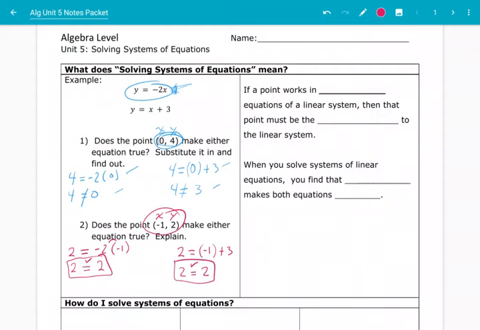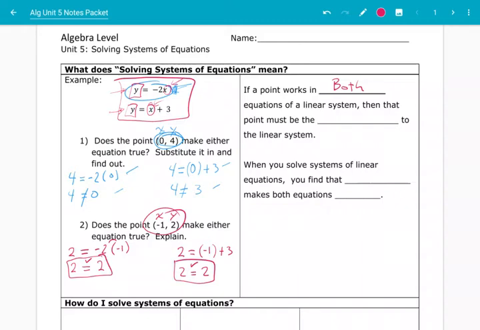So let's take some notes here. If a point works in both equations of a linear system, and that's what we call this. If you have two equations or more, we call it a system of equations, and they both share these variables. The x in this equation is the same as the x in this equation. That's the only way this works. The y in this equation is the same y in that equation. So that's the only way this all works. If they were different, then we'd use different letters.